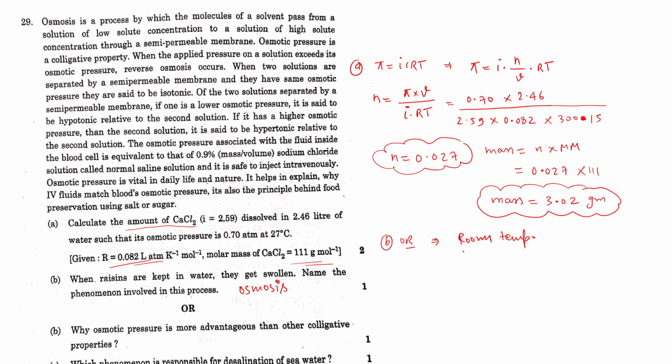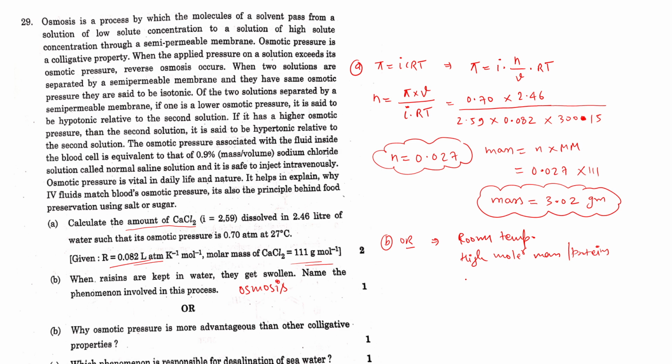And this method is suitable for solutes having high molecular mass, meaning more than 5,000, molar mass in the thousands. Basically, like we have proteins or other biomolecules. Proteins generally have molar mass in the thousands.